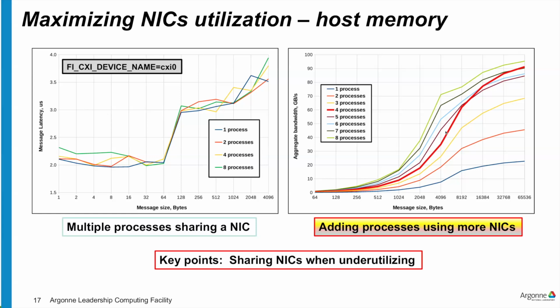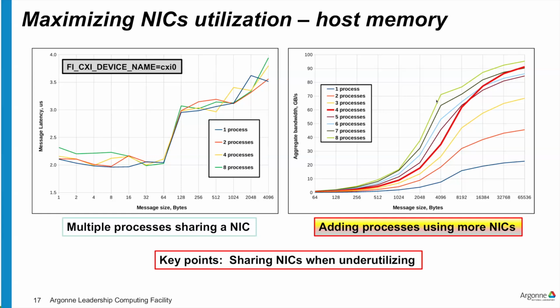On the right slide, I am trying to show that if you use all 8 NICs, you will have almost linear increase in offload bandwidth. However, one MPI process cannot drive the entire offload bandwidth simply because it is attached to a single NIC, as I already mentioned. So single NIC bandwidth is about 20 to 21, in a very good scenario 23 gigabytes a second.